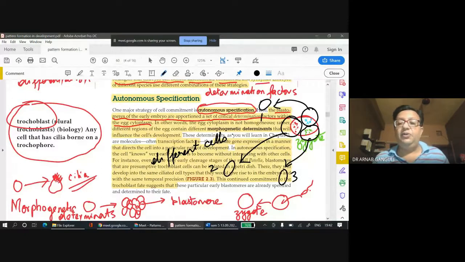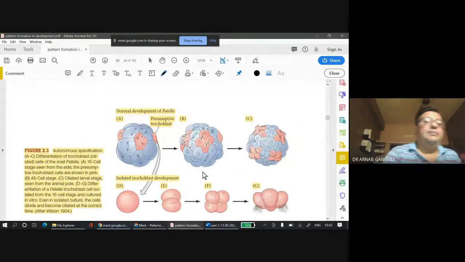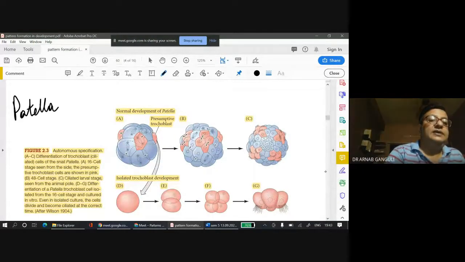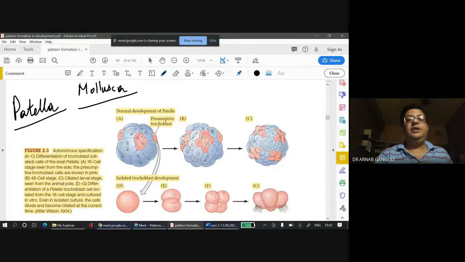An example I will give you is of a snail known as Patella. It is a snail, a mollusk, phylum Mollusca. Now, in the normal development of Patella, what happens?